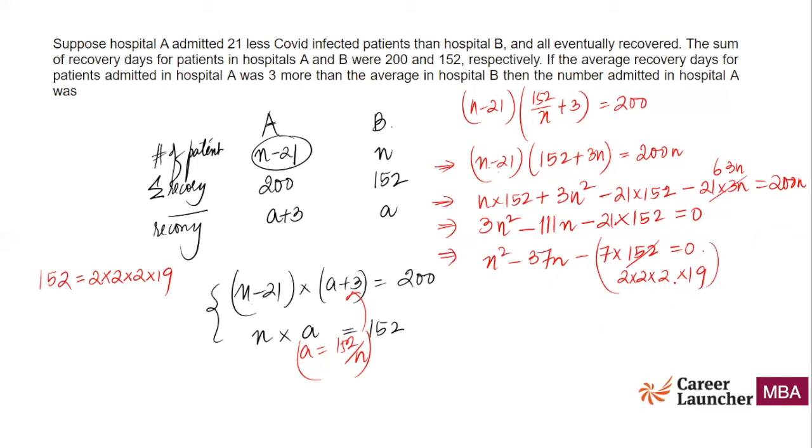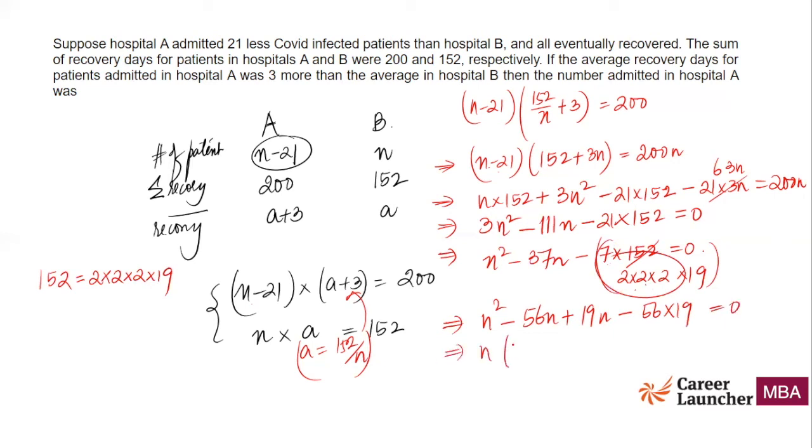For 37, 19 into 2 is 38, and 7 into 4 is 28. No, that will be a gap of 10. 8 into 7 is 56, and 19. Okay, great. So N square minus 56N plus 19N minus 56 into 19. So this is how I have clubbed it, and this is equal to 0.